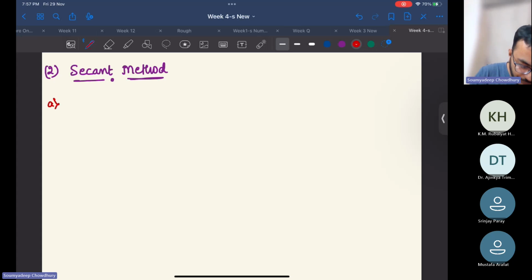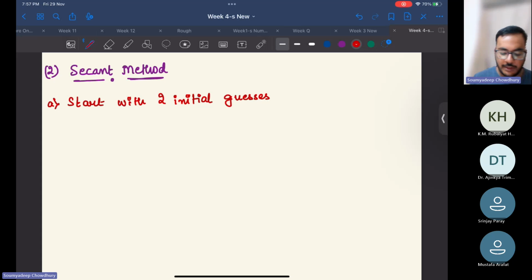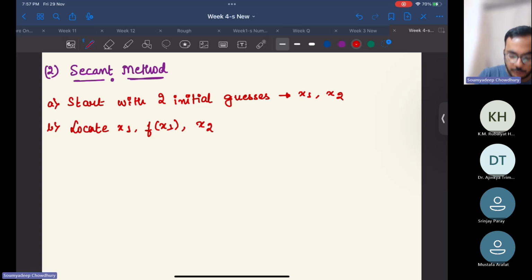So we'll be starting with two initial guesses. Then, in the graph, we have to locate, suppose the two initial guesses are x1 and x2, x1, f of x1, x2, and f of x2.